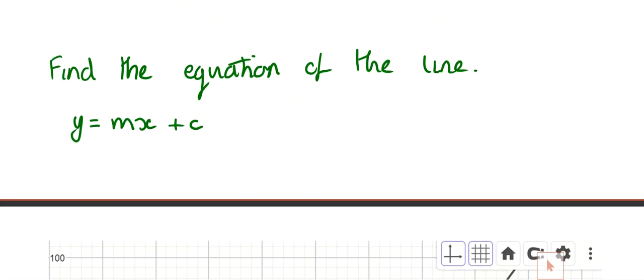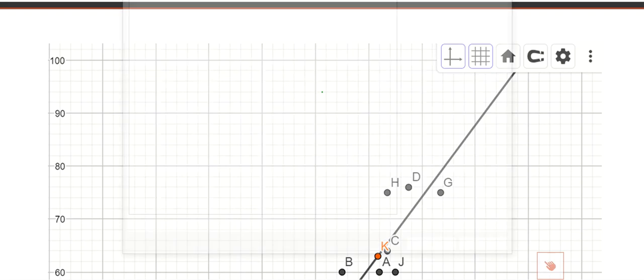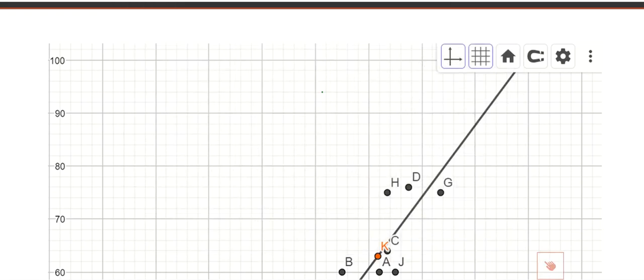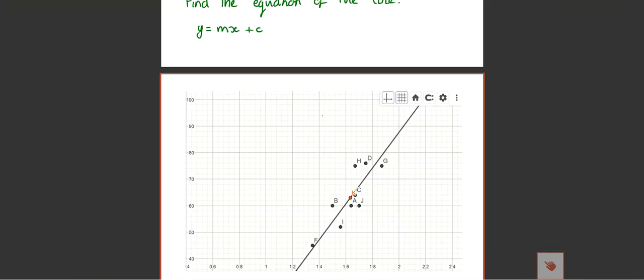So we then said we can use a line of best fit to make a prediction, but the next stage was to actually have the equation of the line. So we don't need to do the drawing. But the reason why I've given you this graph is to compare what we get.